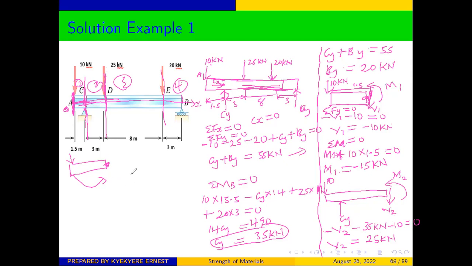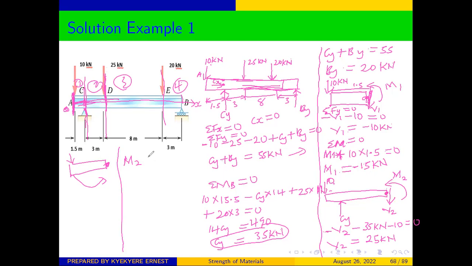And from there, we determine the moment in that section. So the moment in that section, we already have our M2. So M2 is anti-clockwise positive. Then this force times the perpendicular distance to where we are taking a moment. This is where we cut into pieces. So the distance from this point to point B is 1.5 plus 3, which will be 4.5.